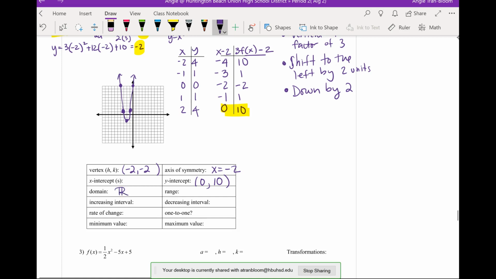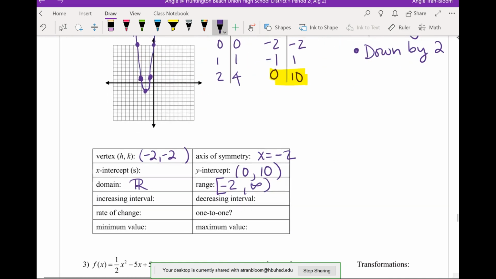Range? -2 inclusive to +infinity. Increasing interval. What's your increasing interval? -2 all the way to what? Infinity.